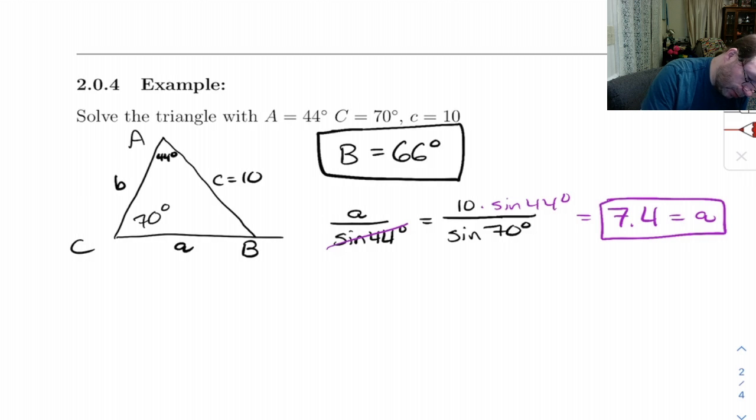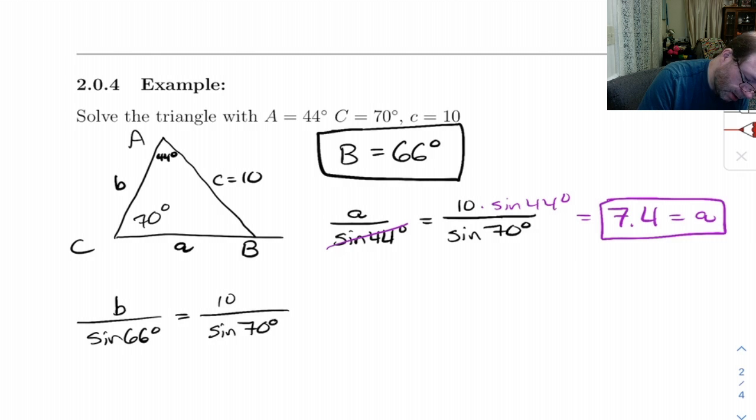And then little b will do essentially the same thing. Little b over sine 66 equals 10 over sine 70. So 10 sine 66 divided by sine 70 is 9.72. So 9.7 is my b.